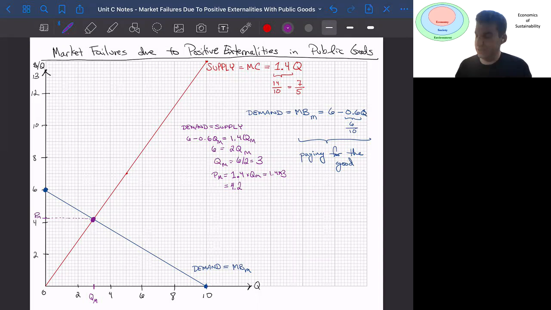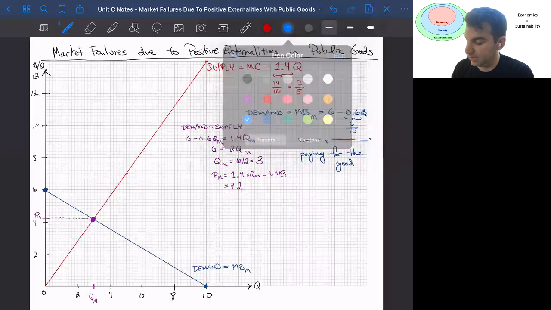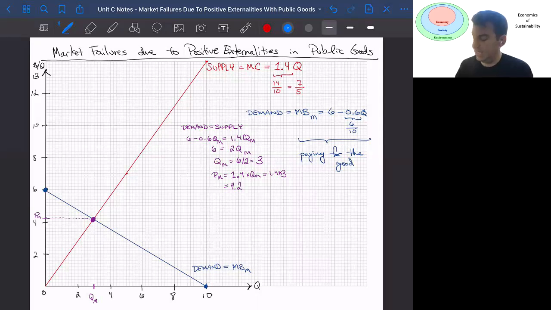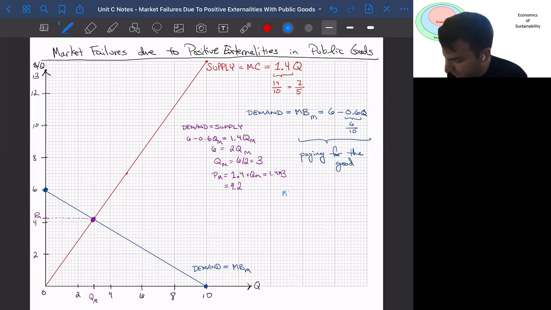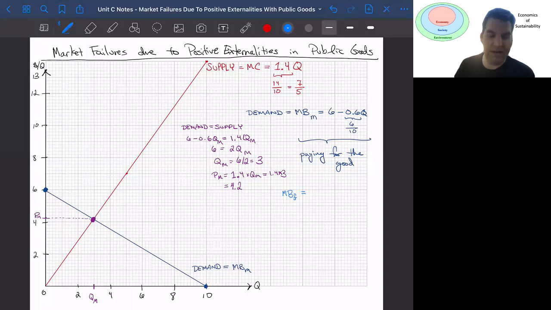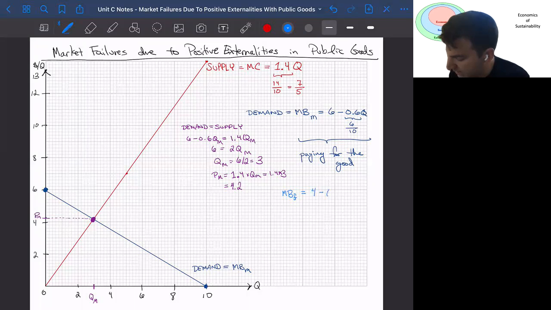So you can think of the freeloaders as the people listening to public radio without donating. I can give them a marginal benefit curve, MB sub F for freeloader, and I'll just say it's 4 minus 0.5Q. I can start at 4 over here, and this 0.5 means for every run of 2, you fall 1, so it's going to be here, here, here, and then it's finally going to hit down here at 8.